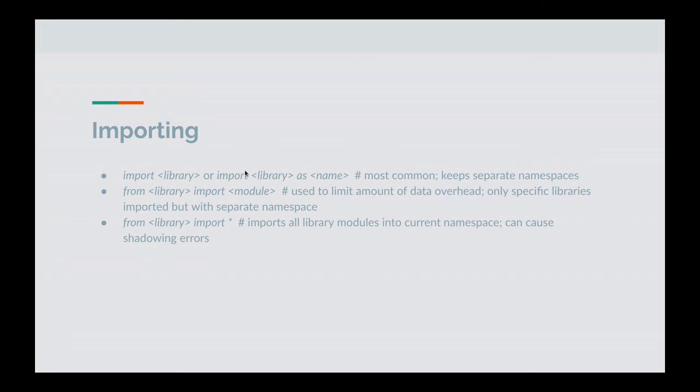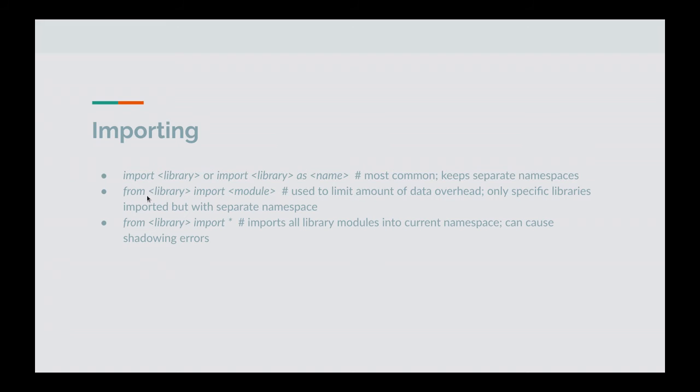By importing it this way, you keep those namespaces separate. So you are importing that namespace. So if I import math, I get the math namespace. And so all of the data that's within that math library is held within that math namespace. There's no potential of overriding it with my local code.